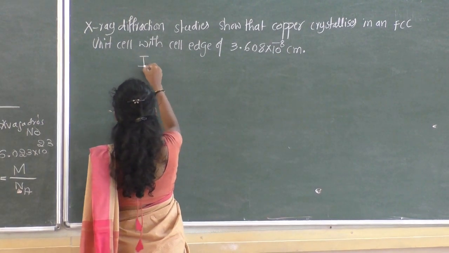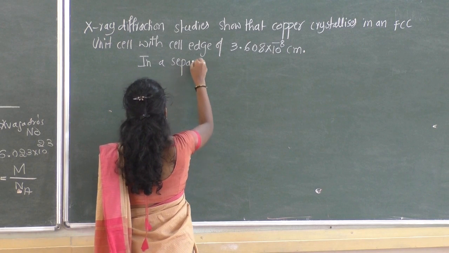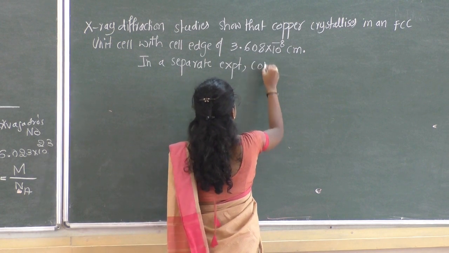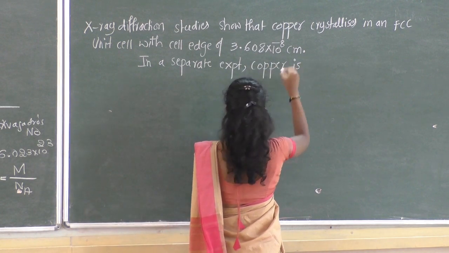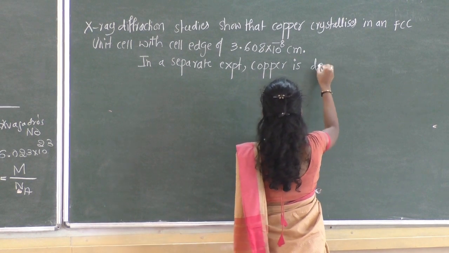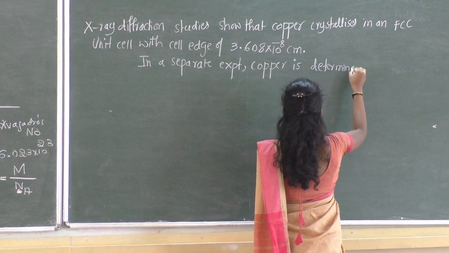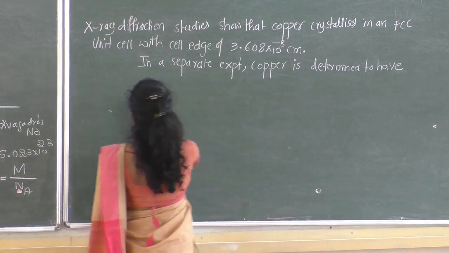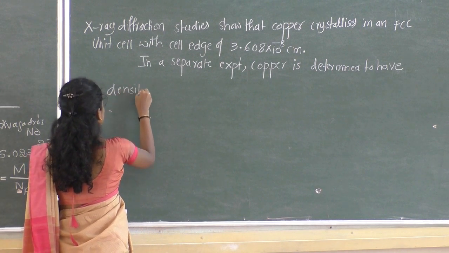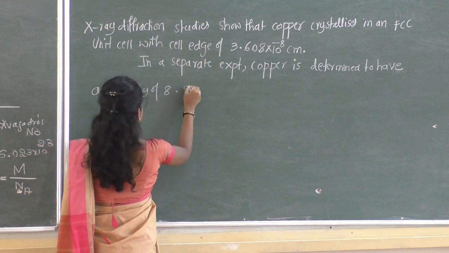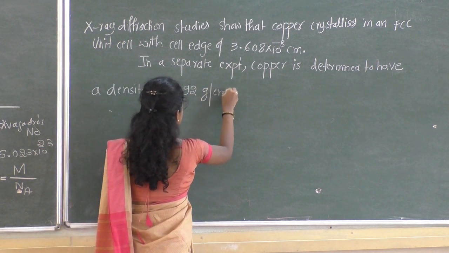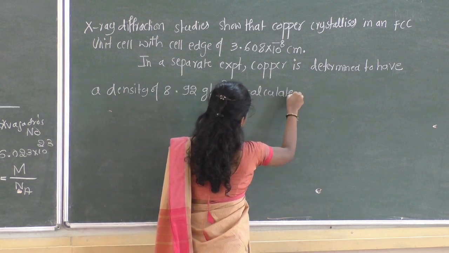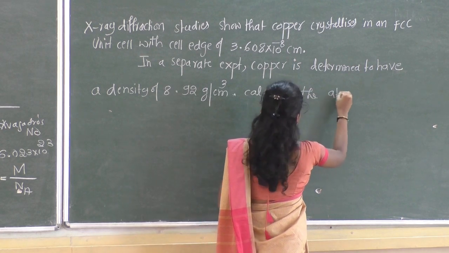In a separate experiment, copper is determined to have a density of 8.92 gram per cm cube. Calculate the atomic mass.